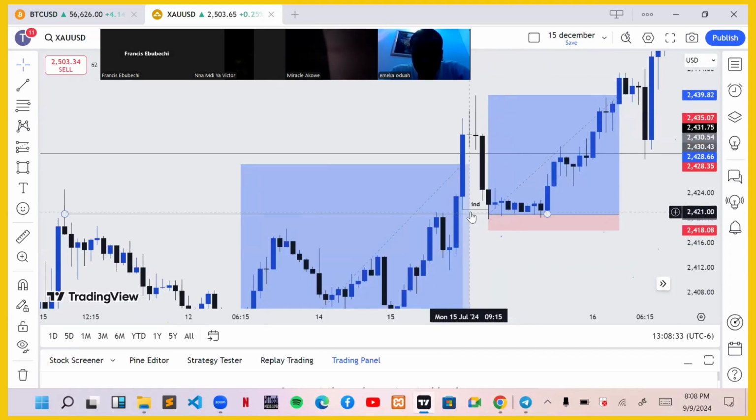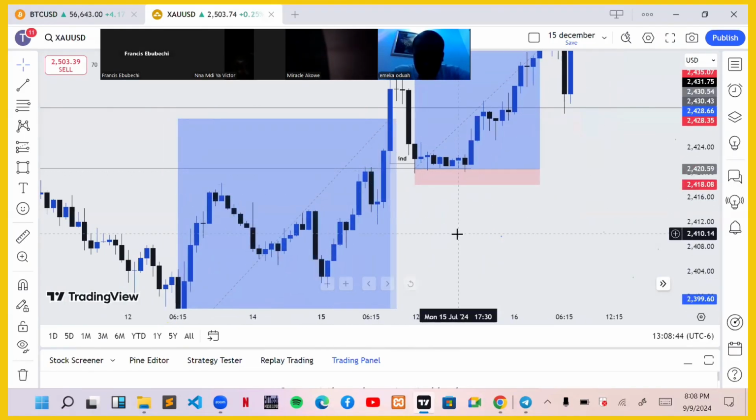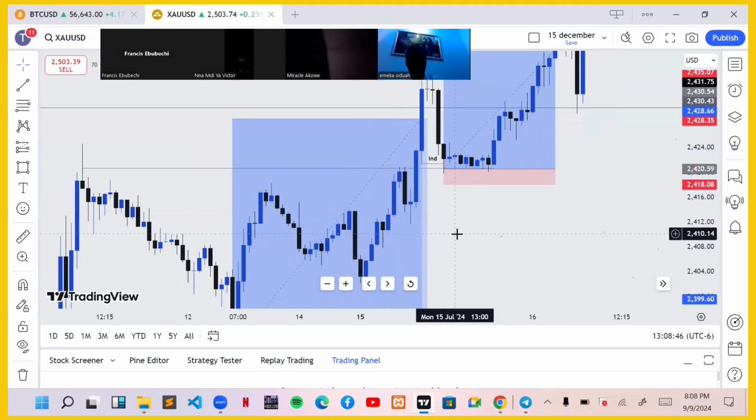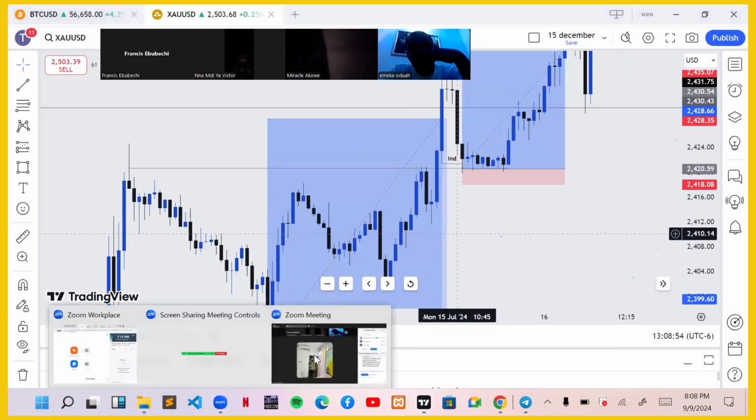After that, market continued pushing up. Eventually, the price came down and then swept this inducement to trigger this breaker block. So market used this breaker block to buy because market had not triggered this breaker block during the first pullback. If you have a question, indicate in the comment and I'll unmute you.